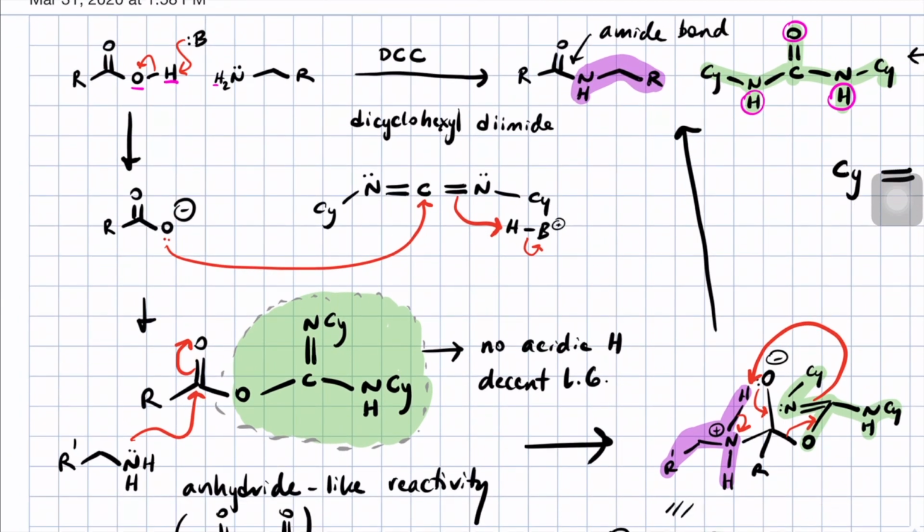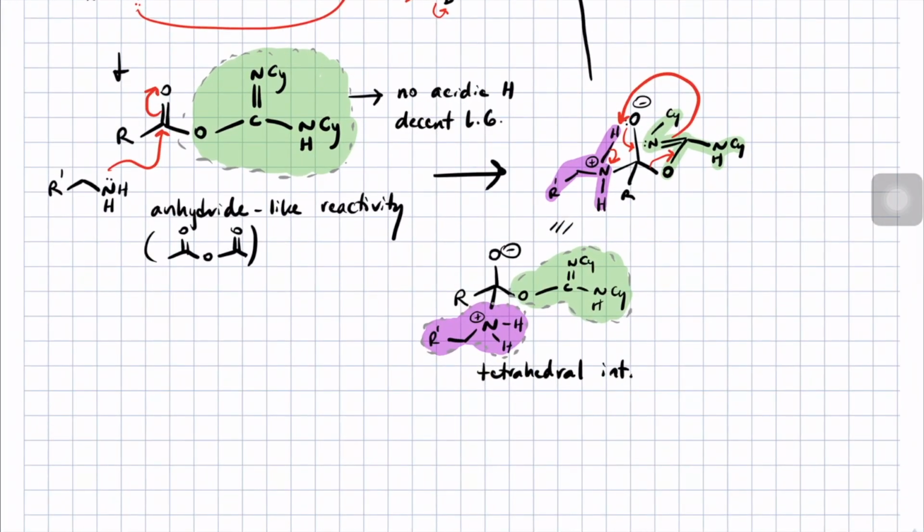This reaction to link an amine with a carboxylic acid is often called a coupling reaction because you're coupling those two things together. And DCC is often called a coupling reagent or an activating agent.